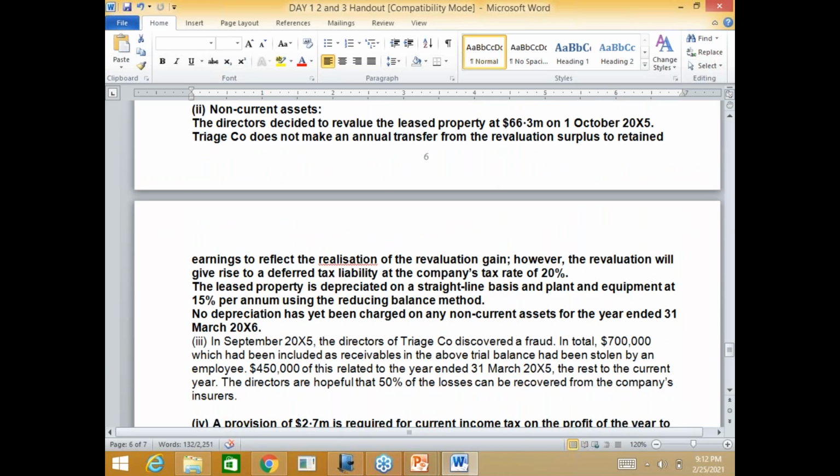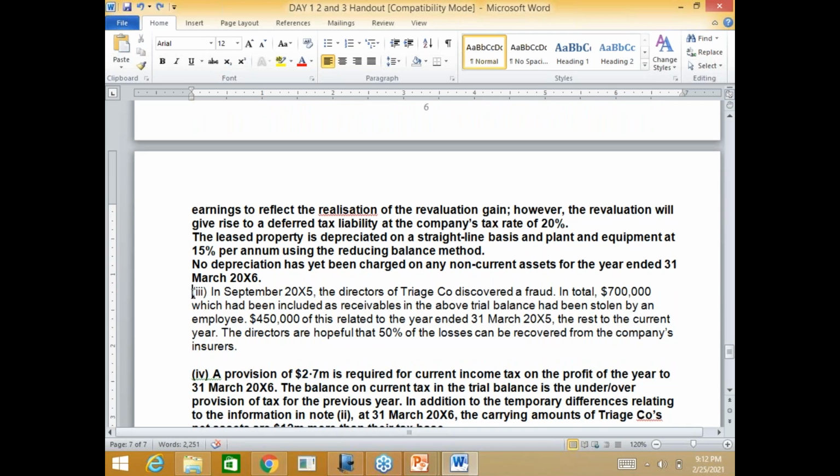Now, one more question for you guys. Note number 3. In the retrospective adjustment, we always adjust the retained earnings. Yes, 116 million will be adjusted, deducted from the retained earnings.